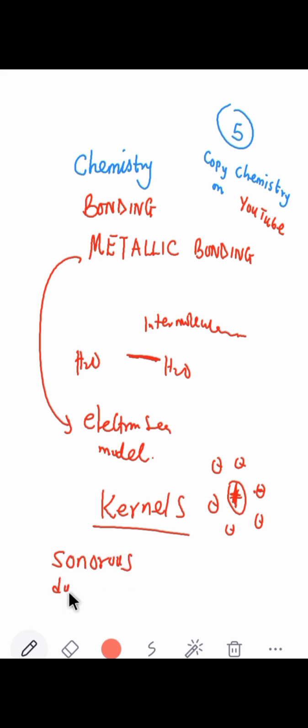By ductile I mean you can draw them into wires, like copper. When I say lustrous, I mean they are shiny. When I say they are malleable, I mean you can hit them into thin sheets.